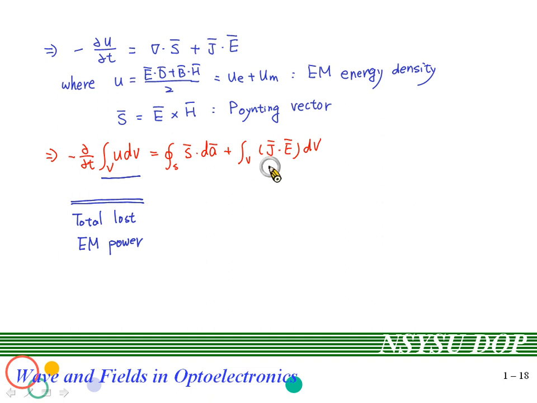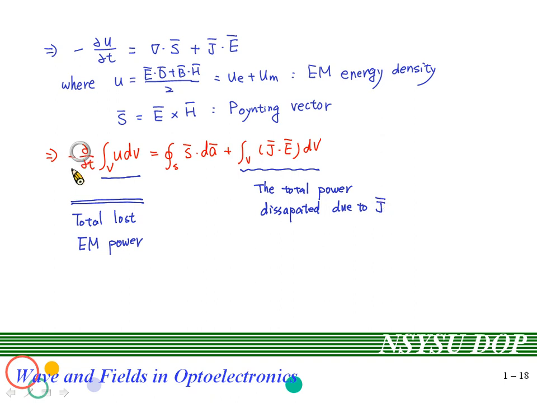And what is the corresponding right hand side? For this term, inside the integral J dot E means the power dissipated due to J. So the power density dissipated due to J. So the volume integral of this term means the total power lost due to J. Okay, so let's see.